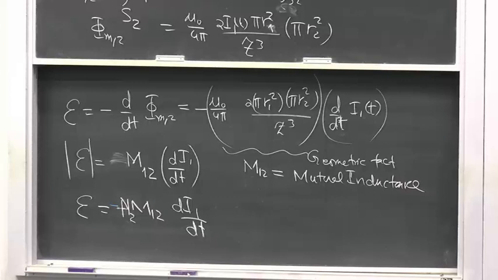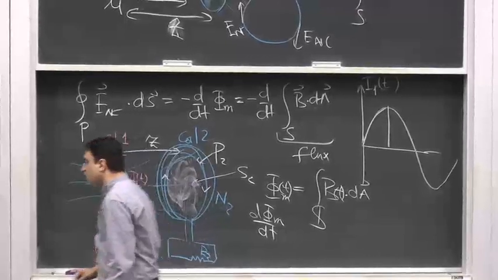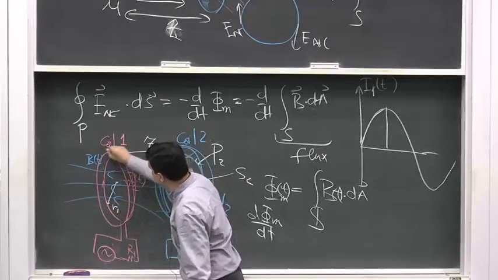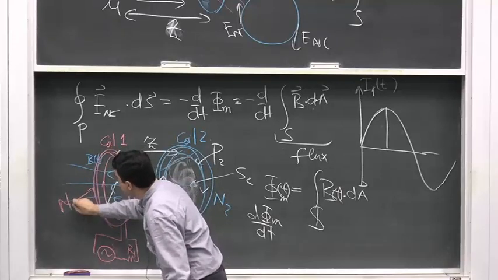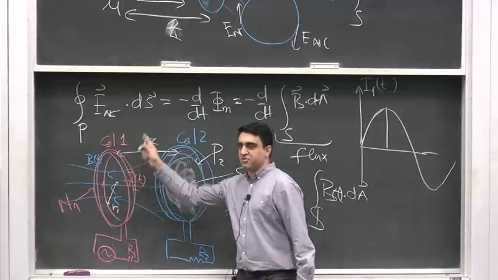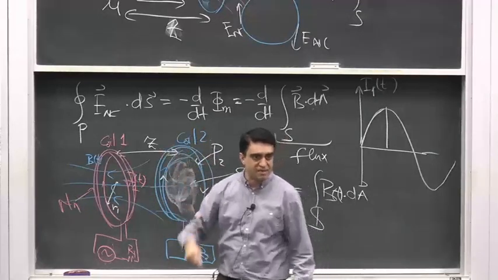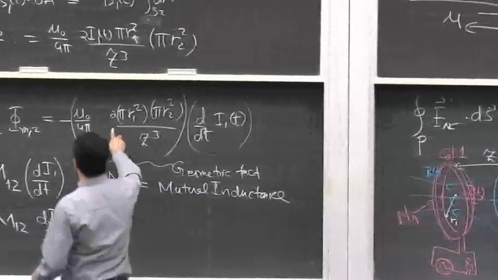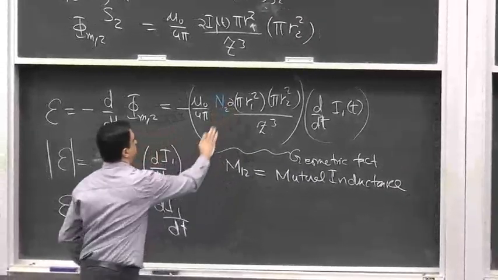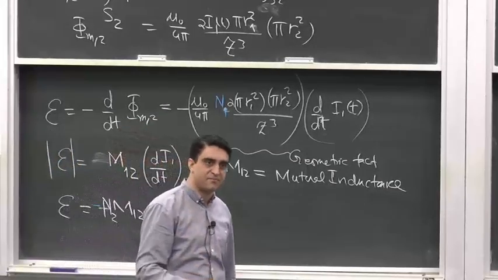Similarly, what if you increase the coil number here? That would be again the same problem. So if you increase the coil number here, let's say I have N1 number of coils, then the magnetic field produced here will be higher. So the flux here will be multiplied by N1, because the B field is N1 times higher.